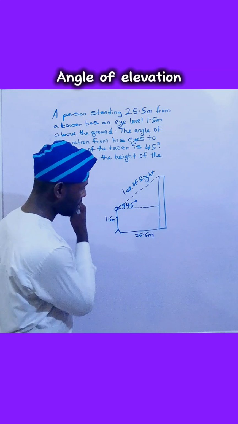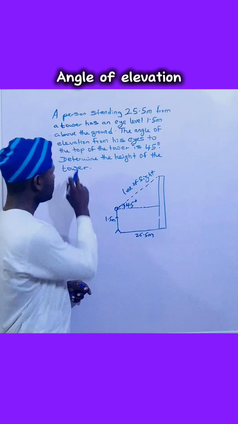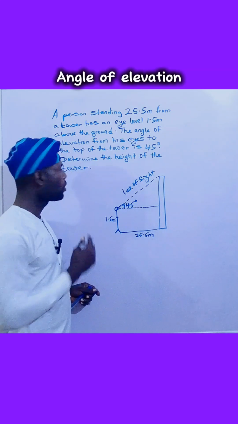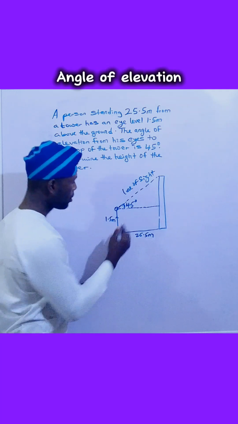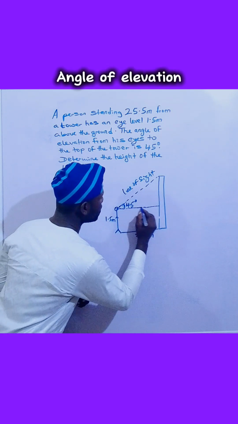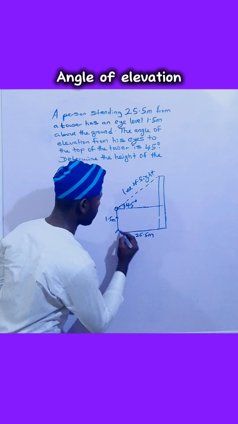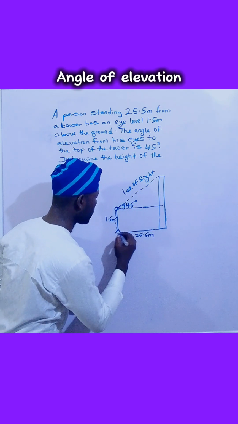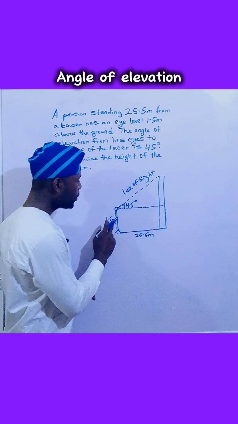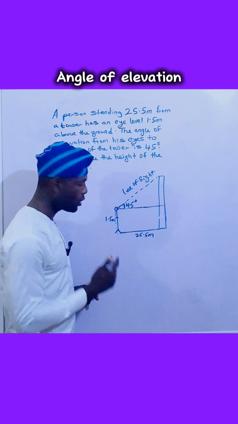With what we have here now, we can continue. The question says, determine the height of the tower. Down here, we have a shape called a rectangle. Opposite sides of a rectangle are equal.